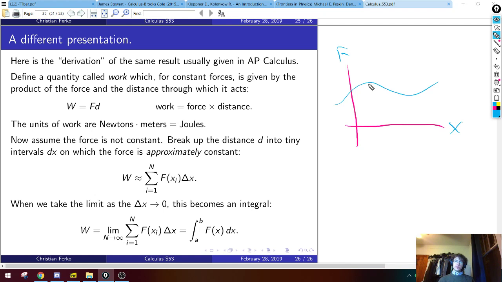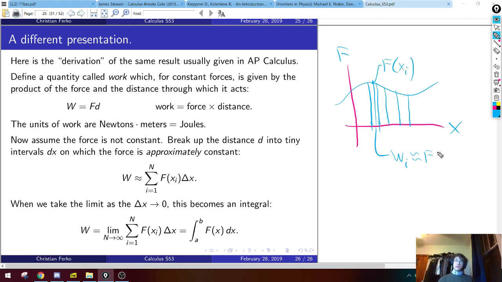Well, they're going to tell you to do the usual thing, where you break up the force function into little chunks, where it's approximately constant on each chunk, and then you say, okay, on this chunk, the work in the ith piece is approximately the force at this xi. So here's force at xi.